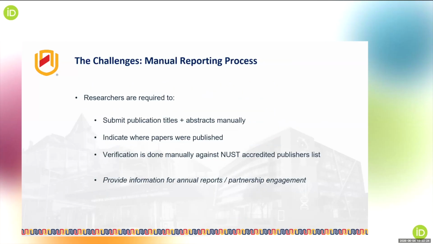Now, currently, talking about the manual reporting process, the researchers are required to submit the publication titles and abstracts manually and also indicate where all these papers are published. And verification is also done manually against the NAST accredited publishers list. And this is really difficult, and it also leads to limitations of inaccurate information.